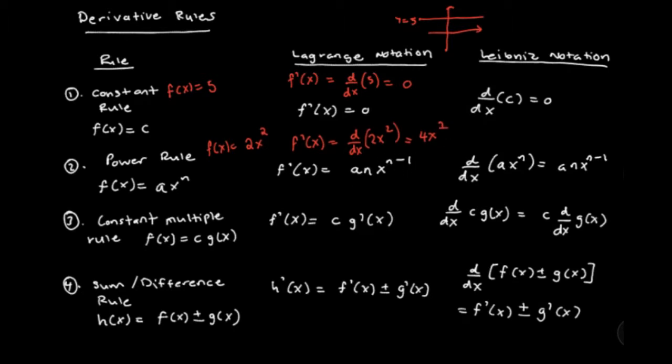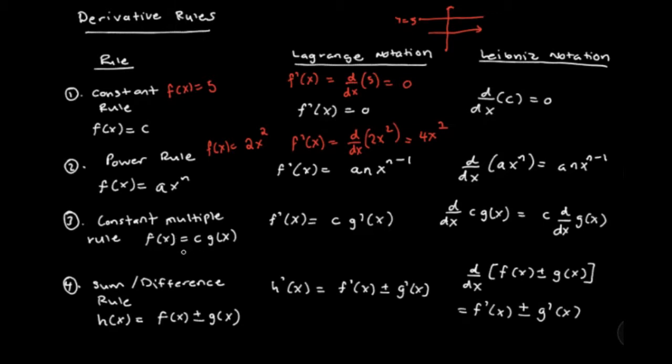So this is 4x to the power 1. We don't have to write the 1. And you can see the same thing being written in Leibniz's notation. I'm just incorporating the two together. But I do like the derivative modifier that is incorporated by Leibniz's notation, because it shows you exactly what you're doing. So it's a good way to show your steps.